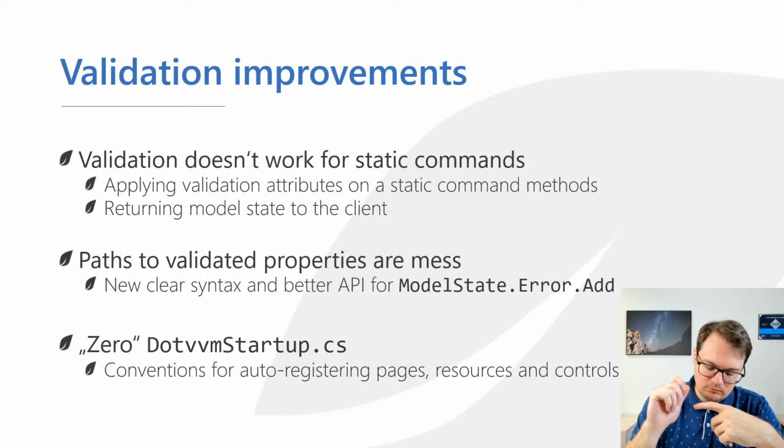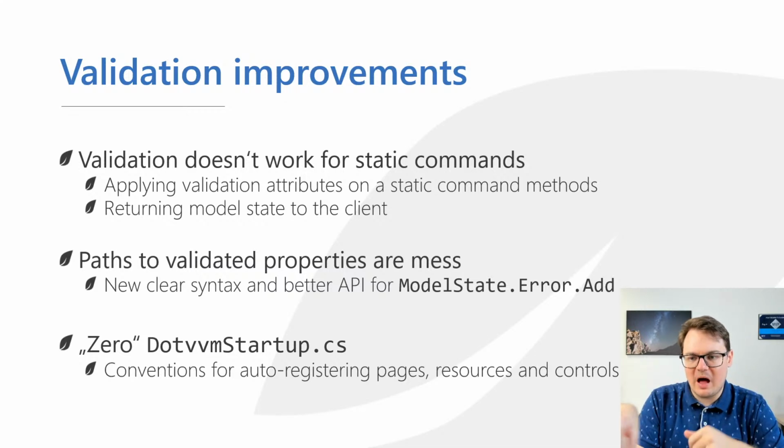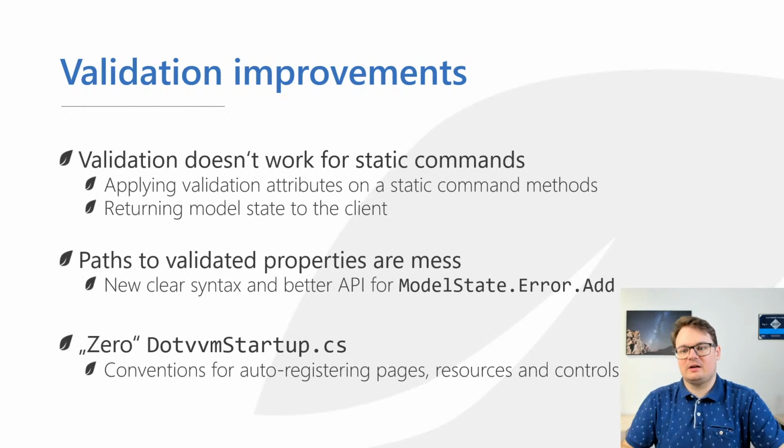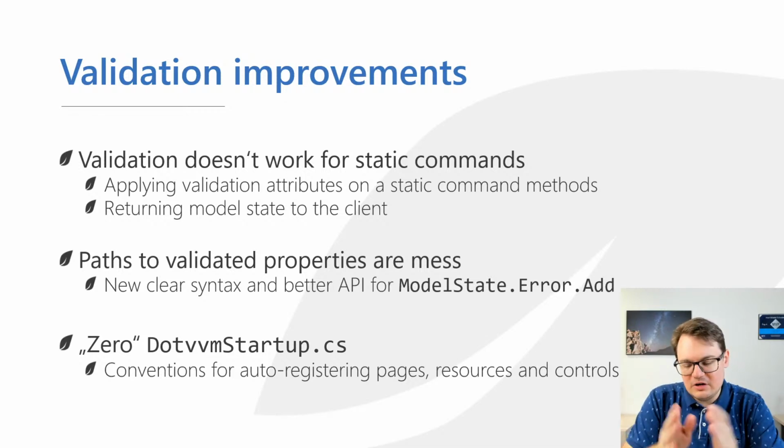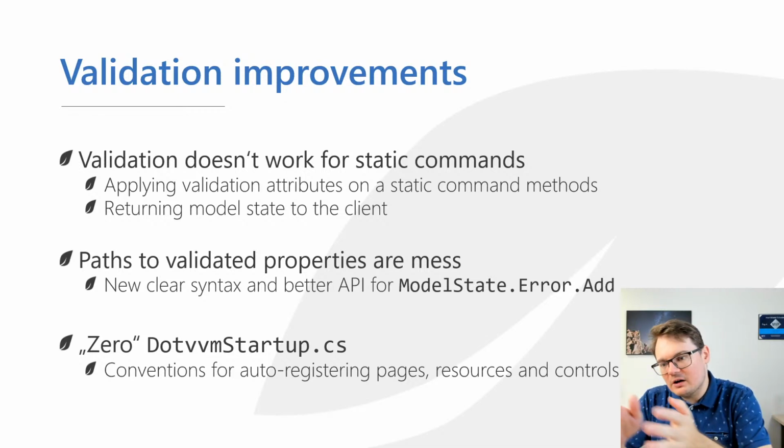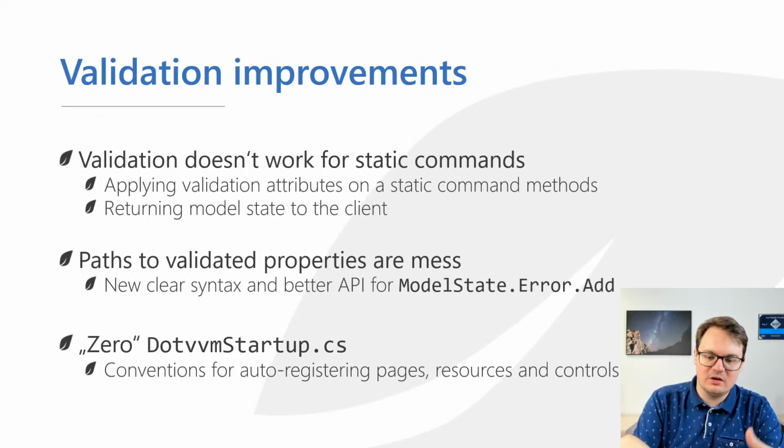Also, if you generate your own validation paths, if you are implementing your IValidatableObject and your own validation mechanisms, sometimes you need to compose the paths in the view model, like in the event settings .begin date is this property is not correct, and you need to provide where to find this property in the view model.